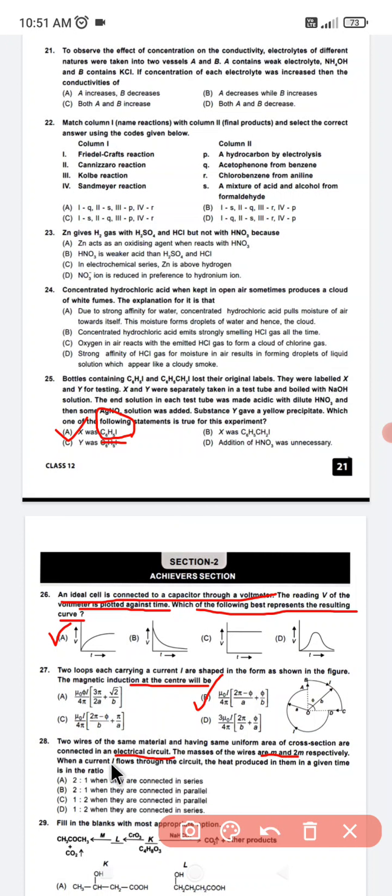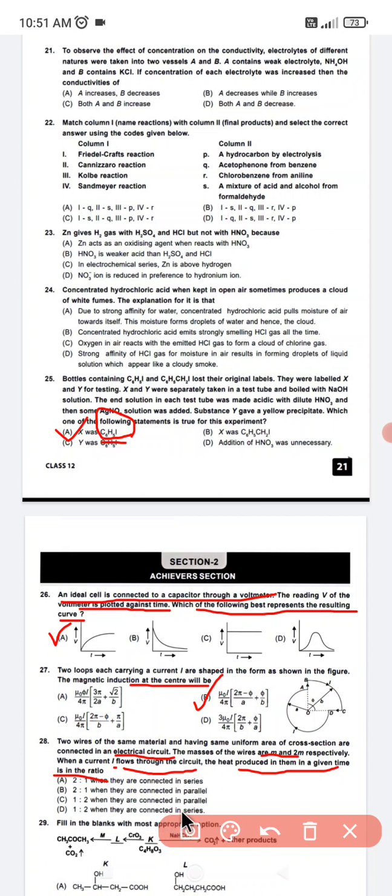When a current I flows through the circuit, the heat produced in them in a given time is in the ratio: option A, 2:1 when they are connected in series; option B, 2:1 when they are connected in parallel; option C, 1:2 when they are connected in parallel; and option D, 1:2 when they are connected in series.